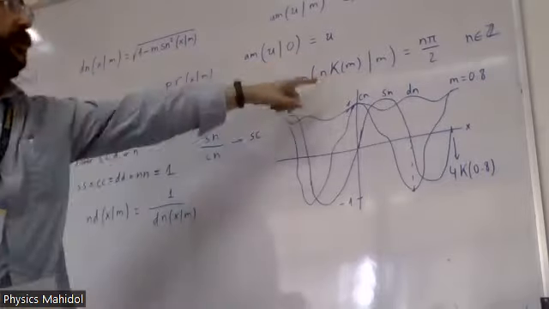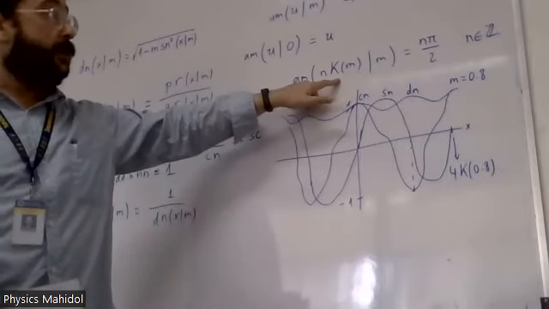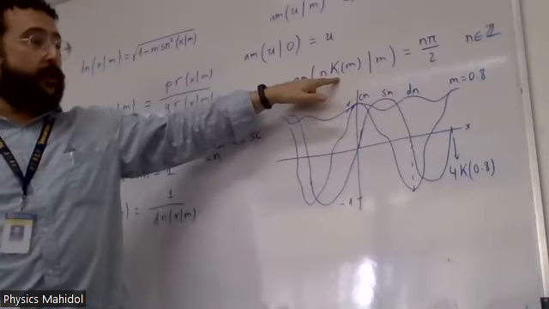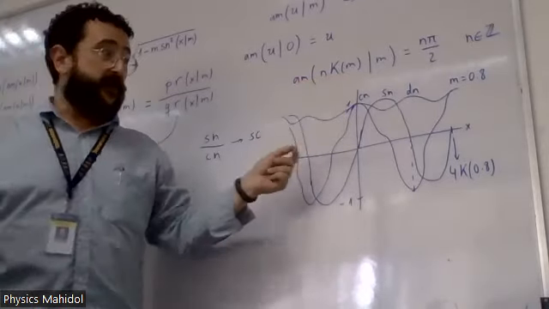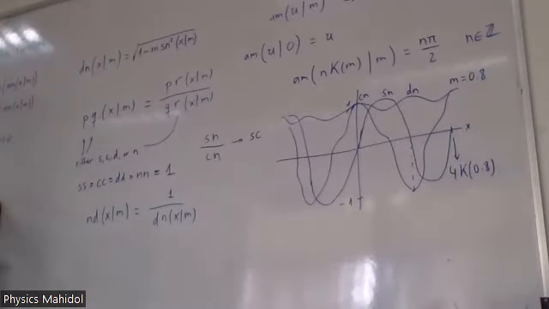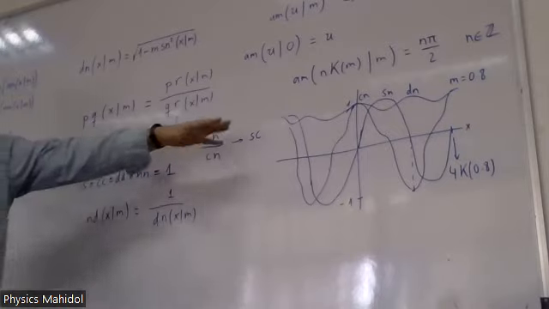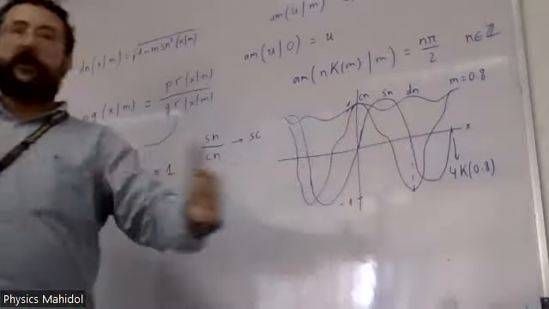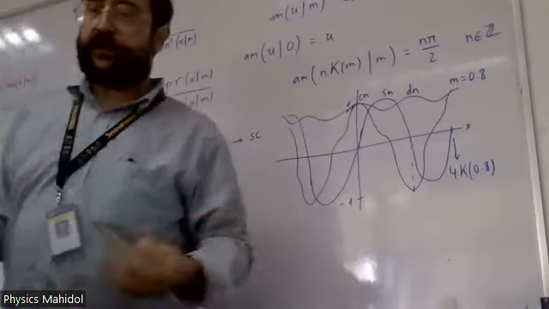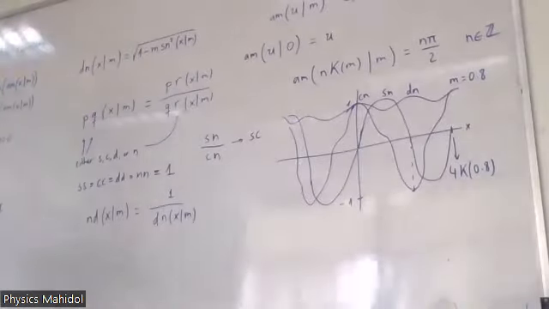But notice that the period depends on the value of k of m, and k diverges. So the period of these functions becomes infinite when m goes to 1. In that case, when m is equal to 1, all these functions that look periodic for m equals 0.8 become not periodic, or let's say they have an infinite period.